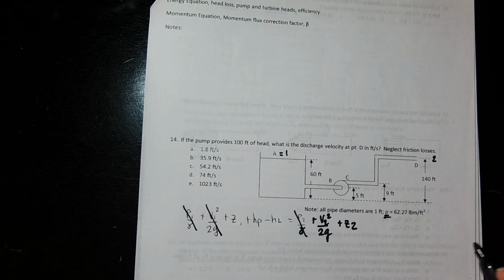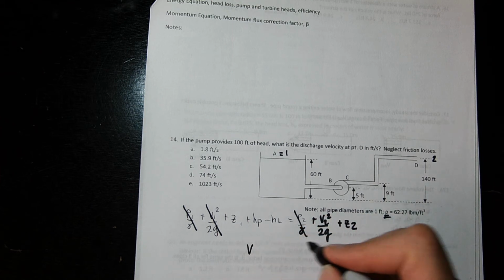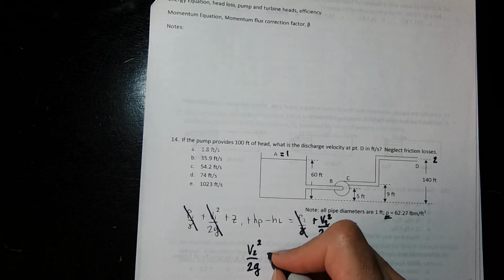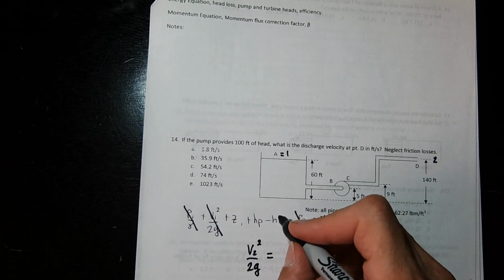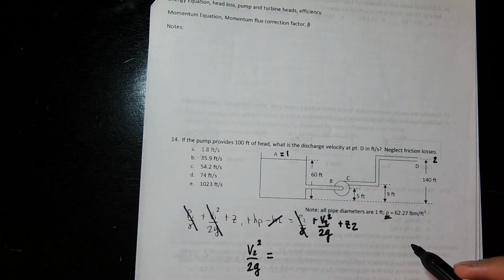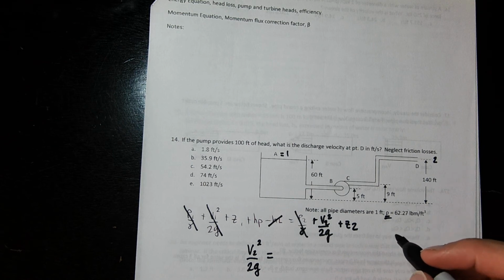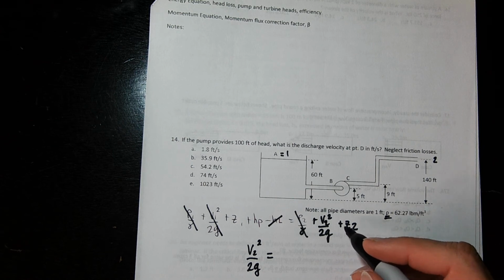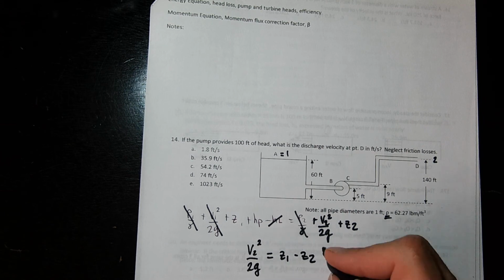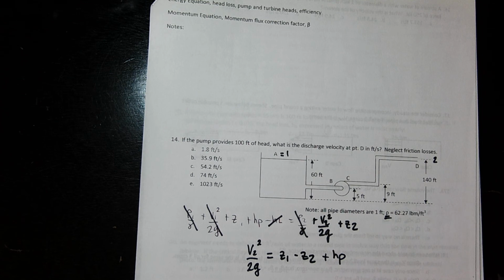So this will give us that V2 squared over 2G, with head loss 0, is equal to Z1 minus Z2 plus HP.